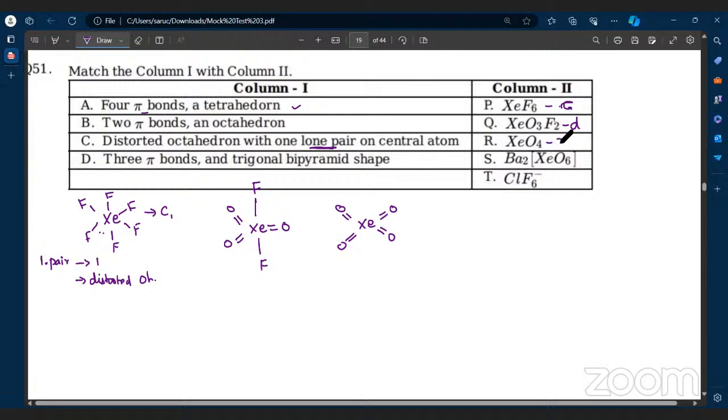So option A. And then XeO6. So two I have done over here. 1, 2, 3, 4, 1, 2, 7, 8. Then XeO6. So removing by 1.